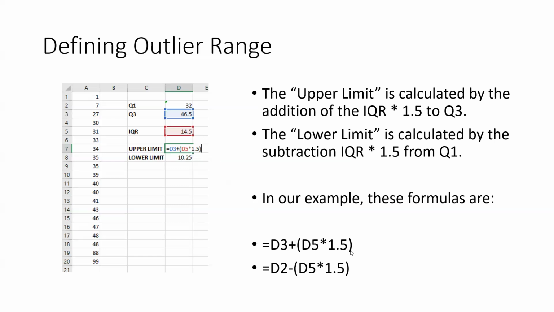Make sure you put the parentheses here, okay? We're going to add it to the product of the interquartile range multiplied by 1.5.